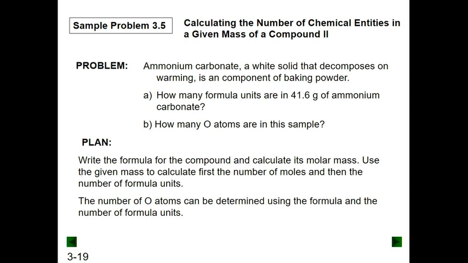In this case, you say, well, 1 formula unit of ammonium carbonate contains 3 atoms of oxygen. You cancel the formula units and you will finish with the atoms of oxygen. Yes? So in that way you can solve part A and part B. Very easy.